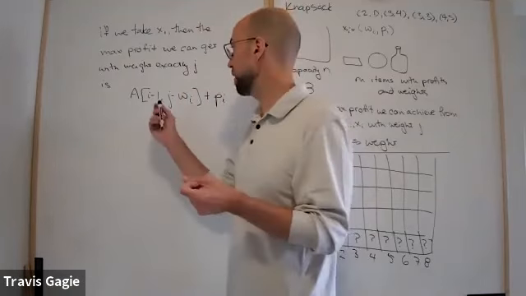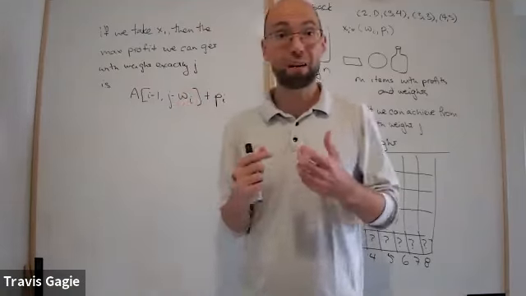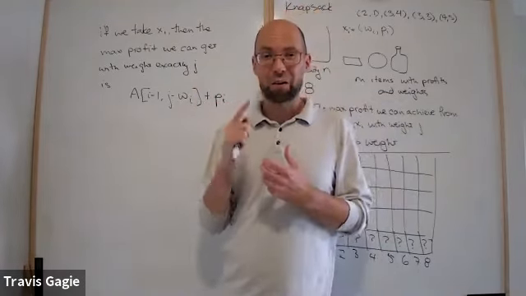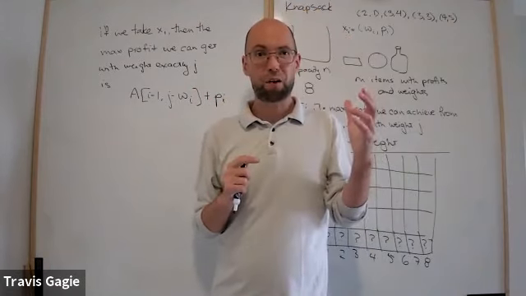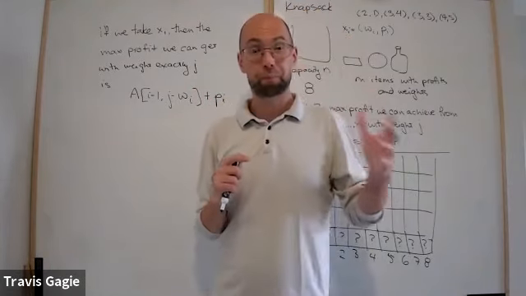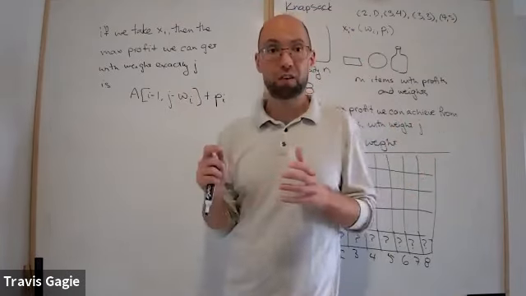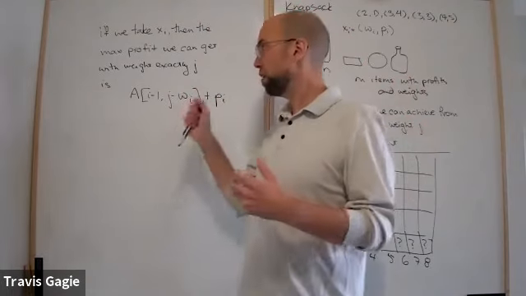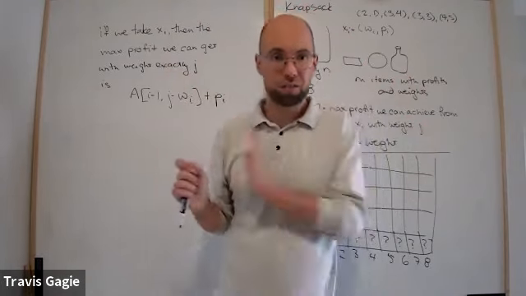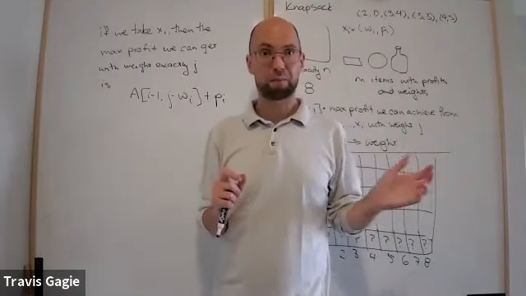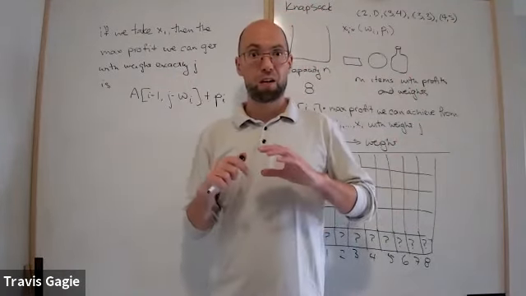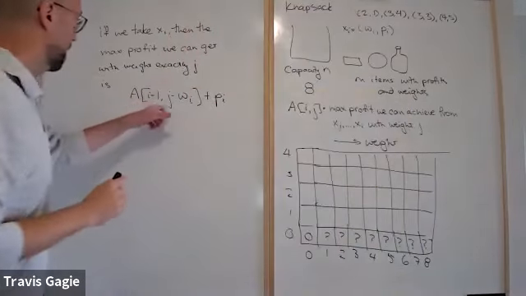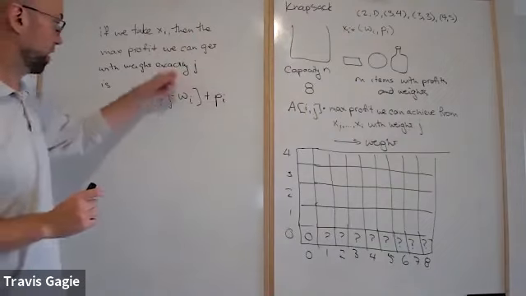So you have to consider, okay, what can you now get? You get the profit from xi. But now you have to think, what's the max profit you can get with exactly weight j minus the weight of the thing you just took, the weight of xi, wi. Well, you have this computed, right? Because it's sort of to the left. So if you take xi, then Aij equals this.